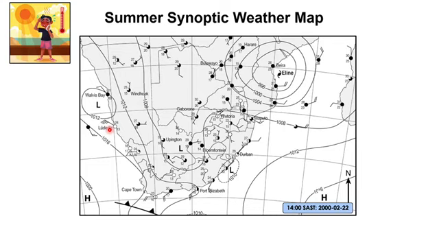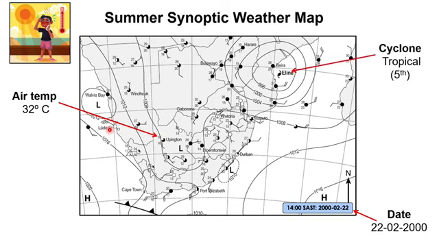And if we look at the summer synoptic weather map, we will notice that the date here in this case is in February, 22nd of February. We can see the air temperatures are relatively high. In this case, that weather station at Upington is displaying an air temperature of 32 degrees Celsius, which is extremely high. It's extremely hot there at the moment. There's a tropical cyclone present. Once again, it's that same one, Eileen, which only occurs during summer.